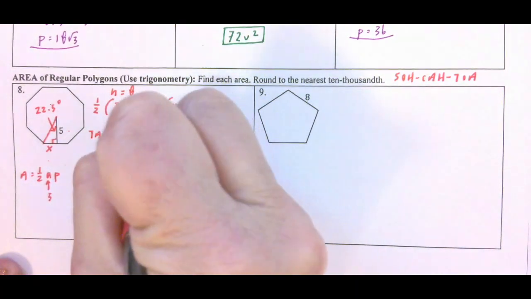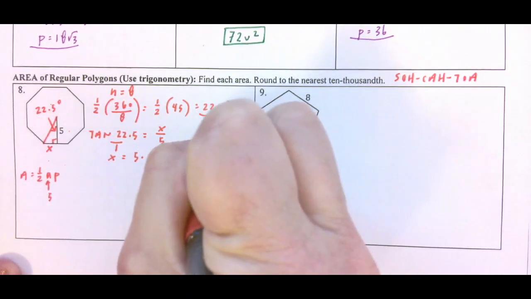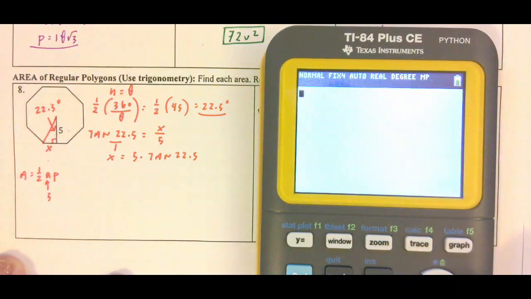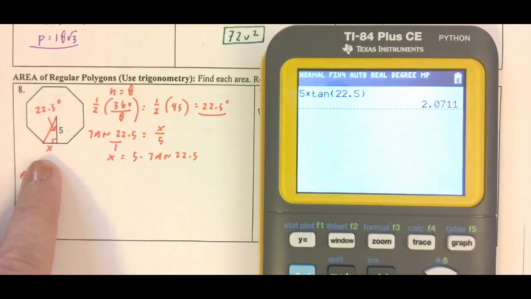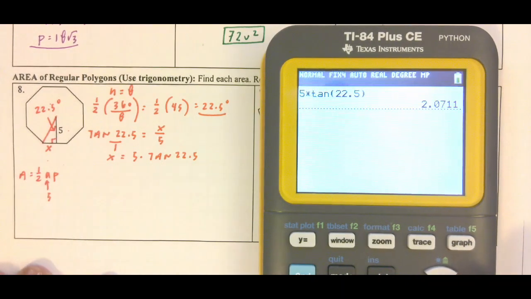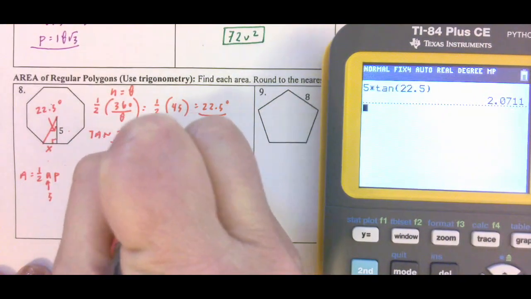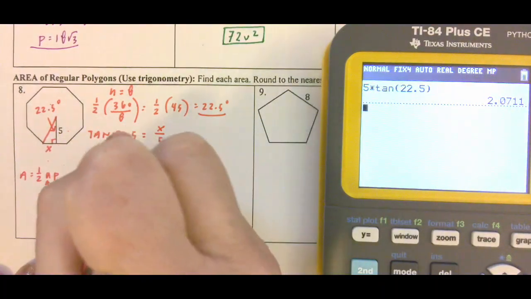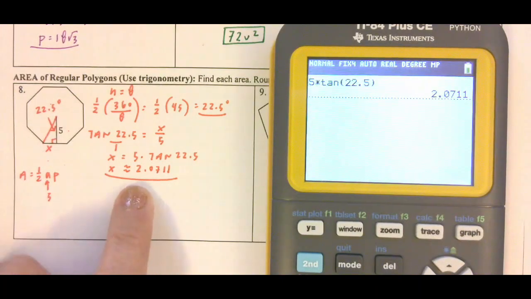So x equals 5 times tangent 22.5. Okay, so if I type that in, 5 times tangent 22.5, that gets me this measure right here. That is half of a side. That is x. X is about 2.0711. Right? I'm telling my calculator to round to the nearest 10,000th, 4 decimal spots.